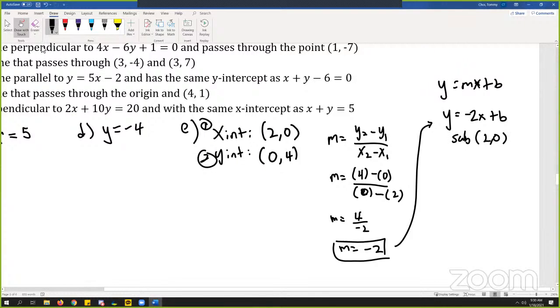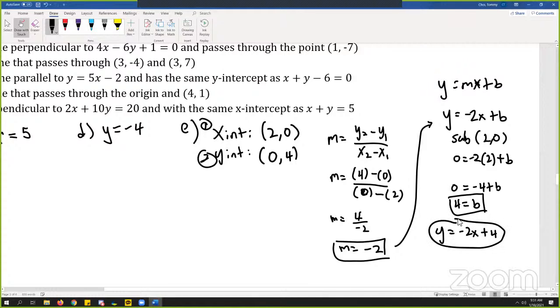We sub in 2, 0, and we're going to get negative 2 times 2 plus b. Oh, and y should be 0. Okay. So that's going to give me 0 equals negative 4 plus b. So 4 is equal to b. That gives us our final equation here. y is equal to negative 2x plus 4.